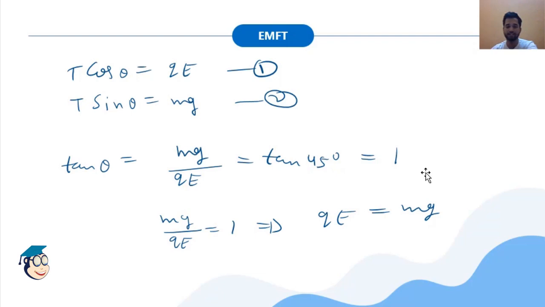The electric field due to an infinite sheet is given by sigma divided by 2ε₀, so q times sigma divided by 2ε₀ is equal to mg. You can write sigma is equal to 2ε₀mg divided by q.